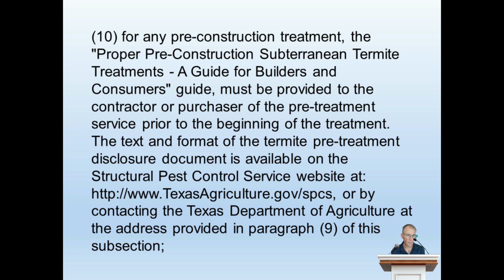The text and format of the termite pre-treatment disclosure document is made available on the Structural Pest Control Service website at www.texasagriculture.gov/SPCS or by contacting the Texas Department of Agriculture at the address provided in paragraph 9 of this subsection.